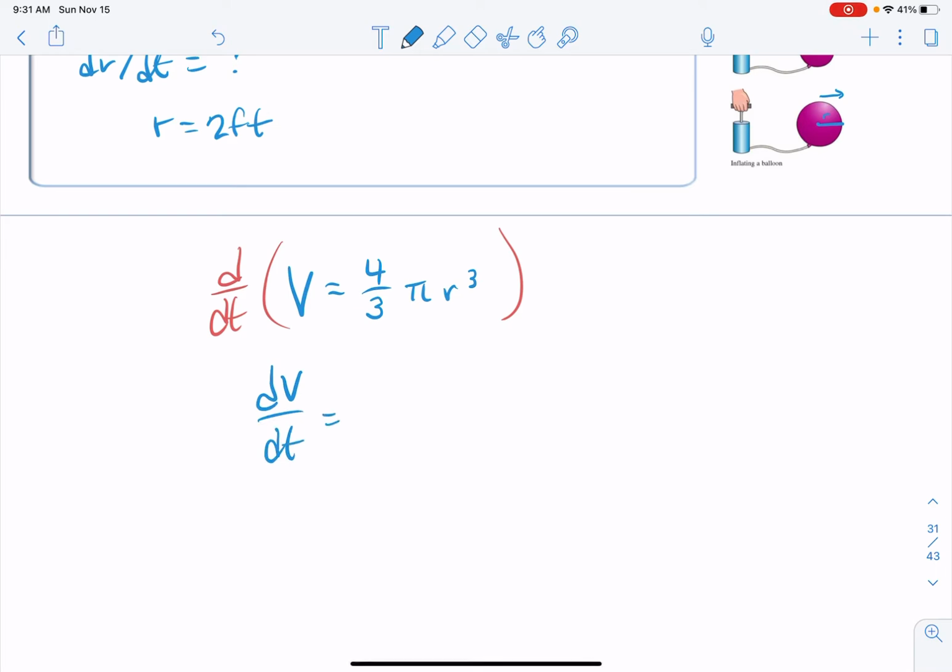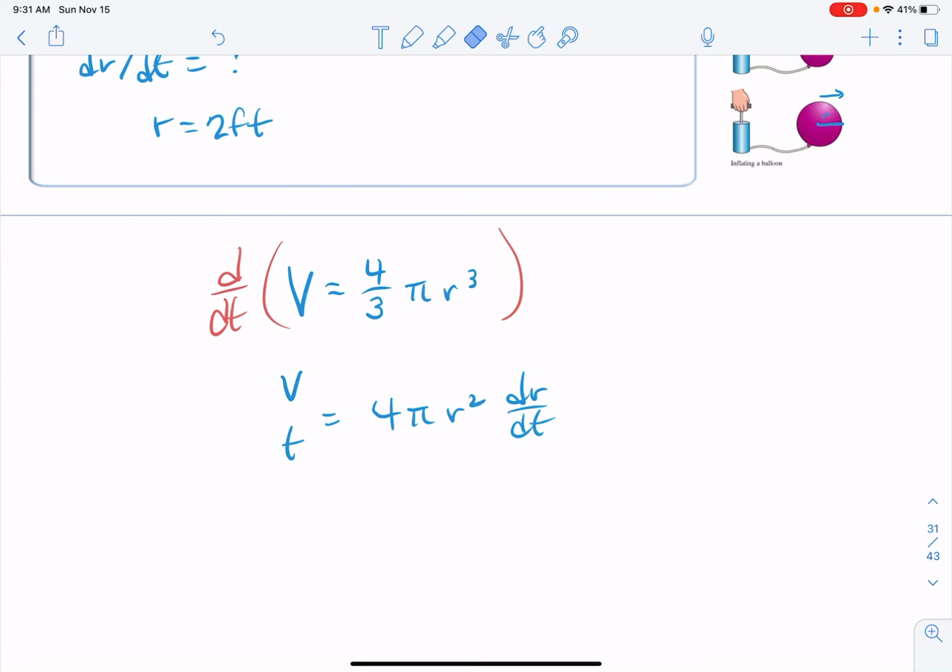And then on the right-hand side, there's no reason to use a product rule or a quotient rule because the 4/3 pi is just a coefficient on the r cubed. And it's not like we got a second function in there. So when we leapfrog the 3 down, it's going to cancel with the 3 in the denominator, giving us 4 pi r squared times dr/dt.